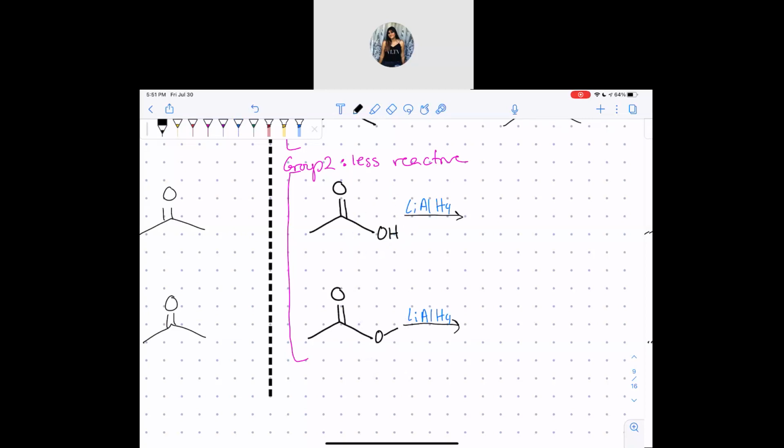So we end up with an intermediate that looks like this, and a final product that is a lovely primary alcohol. And the ester has the same exact answer. So we get an aldehyde intermediate, and we get a primary alcohol as our final product.